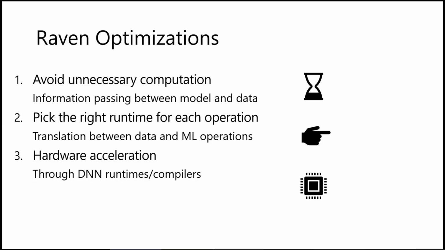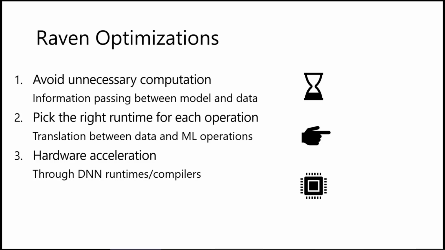Another big idea behind Raven optimizations is picking the best runtime for each operation. So if we know what the data looks like, what transformations have been done to it, we can come up with a better sense of where to run inference on this ML model. I'll talk a bit more about that, but generally there are different environments where machine learning models can excel based on different characteristics. Some are good on the GPU, some are good on the CPU, and things like that.